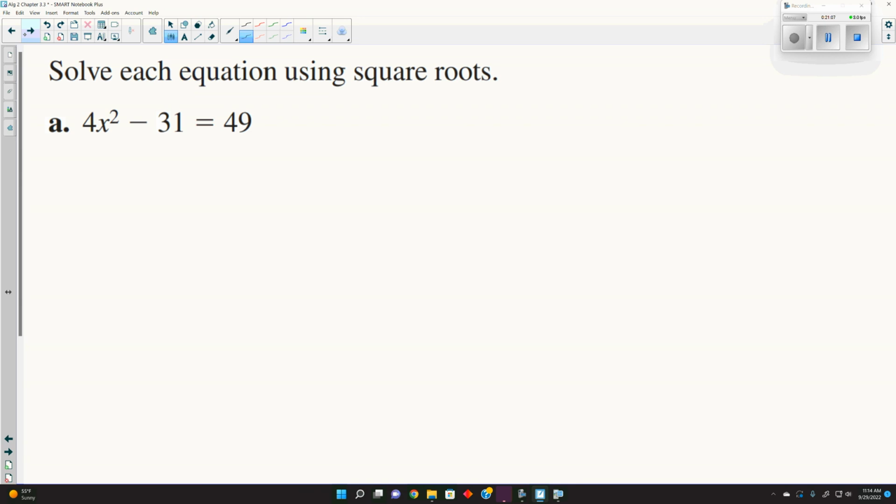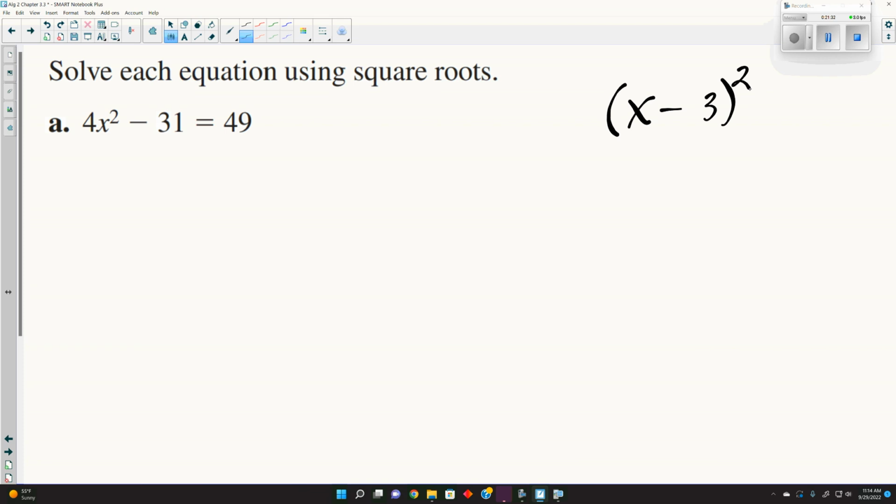Now, the square root method is the next one we're looking at. The way that we can use the square root method is if there is no x term. There is no x to the first power. If we don't have x to the first power, or we have x inside a set of parentheses squared, we can use the square root method on one of these two here.